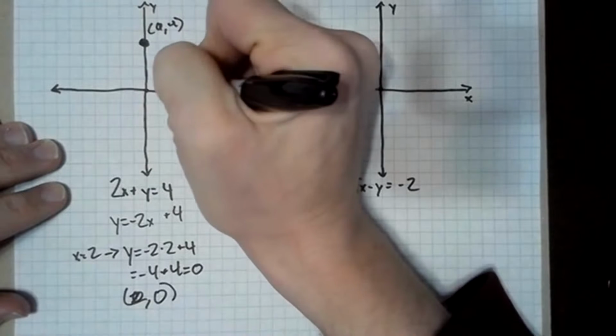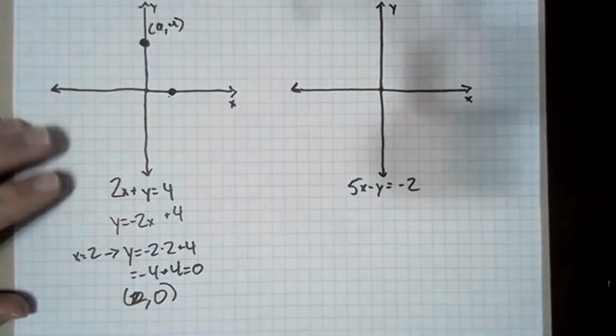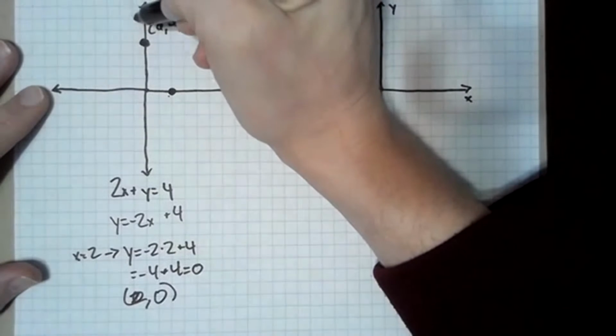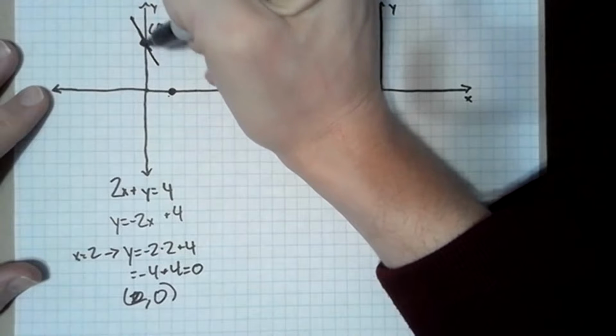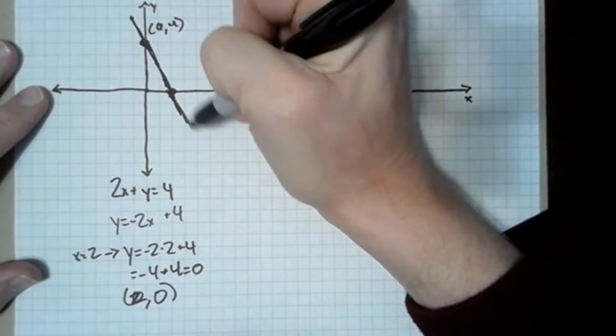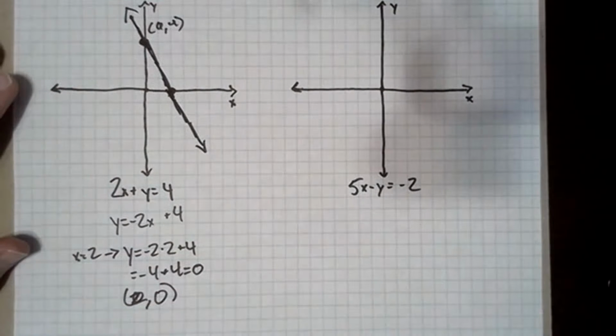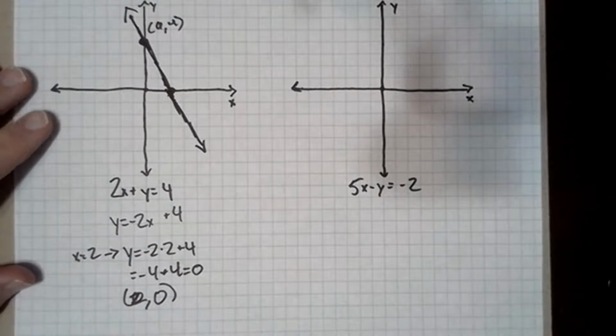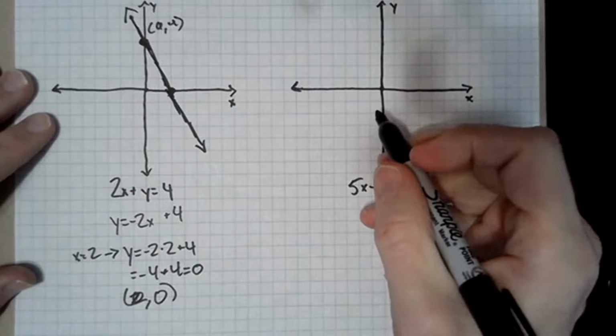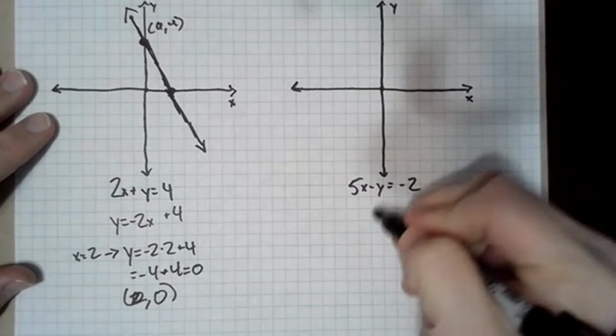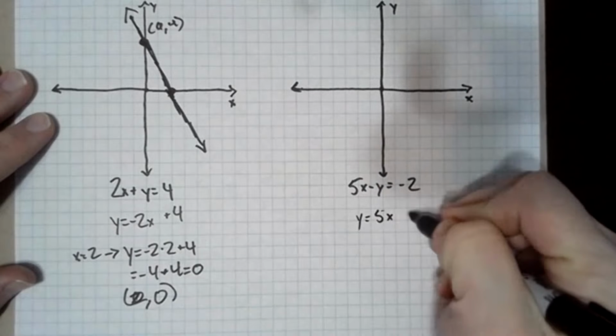Yes, I chose that one deliberately. That's our x-intercept. And now I can draw a line through these points like so.